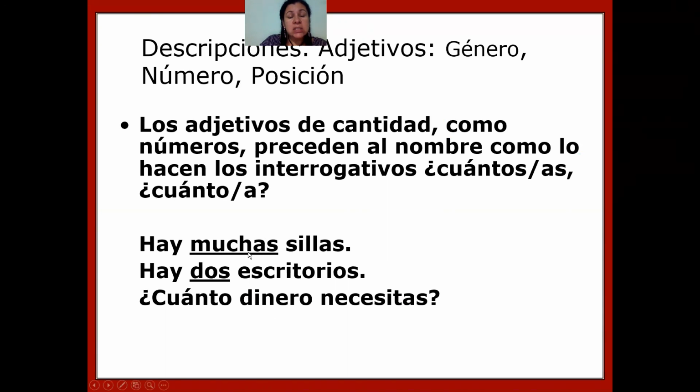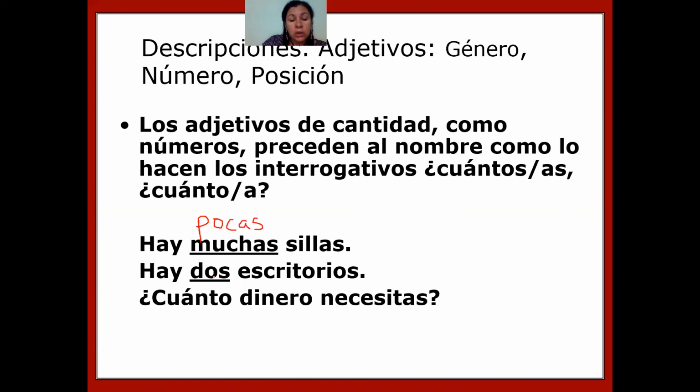Muchas is our adjective and it implies quantity, a big quantity in this case. So muchas has to go before the noun. The opposite of muchas is poco, but we need the feminine plural version: hay pocas sillas. That is also a quantity adjective, and it has to go before the noun, see?